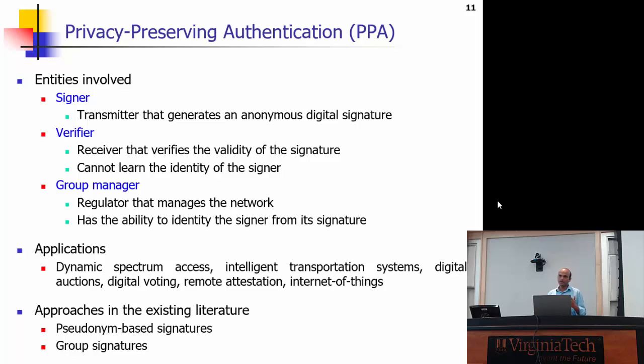So now what the verifier needs to do is to verify that this signature is valid, but it should not actually know the identity of the transmitter. Okay, so let me give you an example. Let's say the FCC gives a few secondary users a license for a year to operate in an area. So now the secondary users have a license for a year to operate in that area.